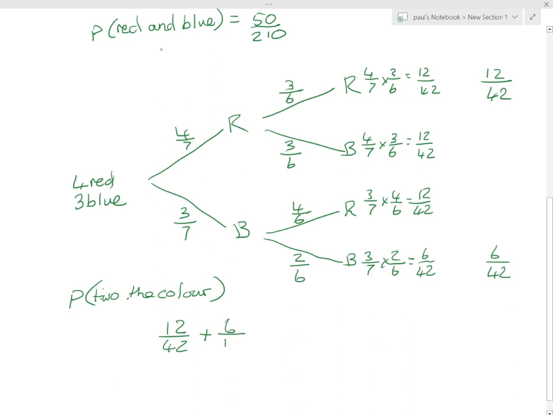Now don't worry about adding all these fractions, because you've always got the same denominator, so you just need to add the numerators at the top. 18 over 42.